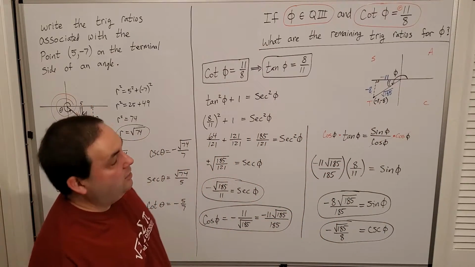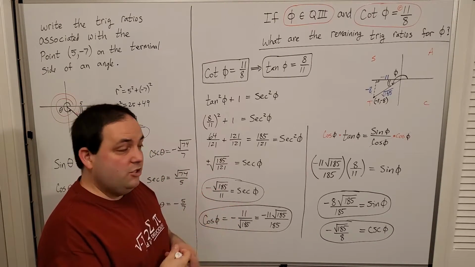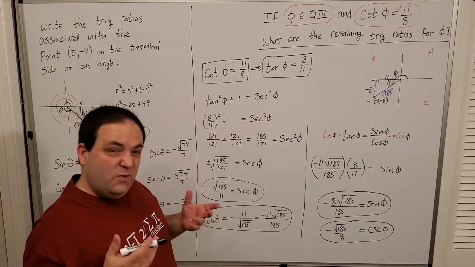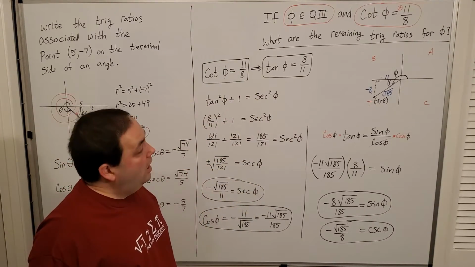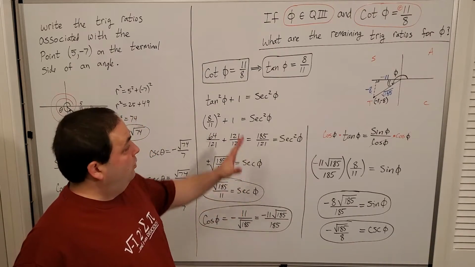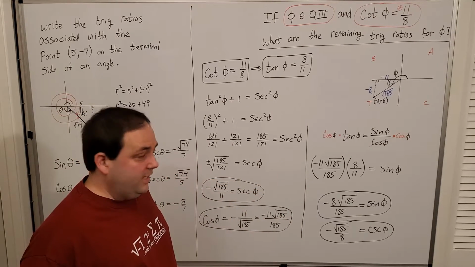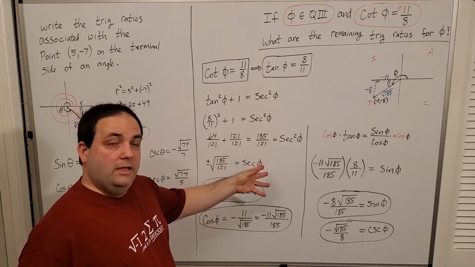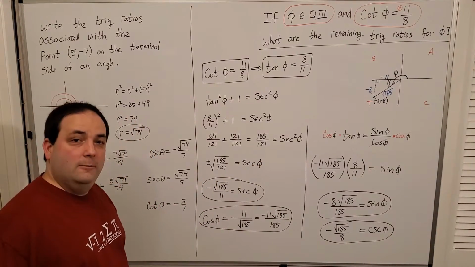And it really is going to depend on how much efficiency and speed you want, or if the directions might ask you to use the identities to do this. There are a lot of problems out there just for practicing the identities where they want you to do it this way so that you can build up your skill algebraically manipulating these trig functions. Okay? All right.